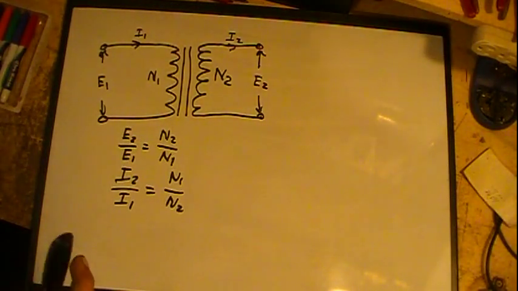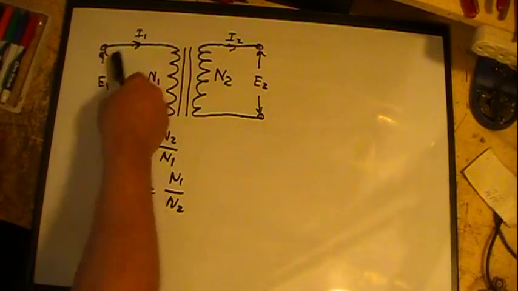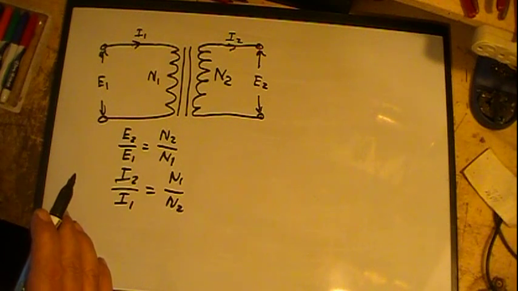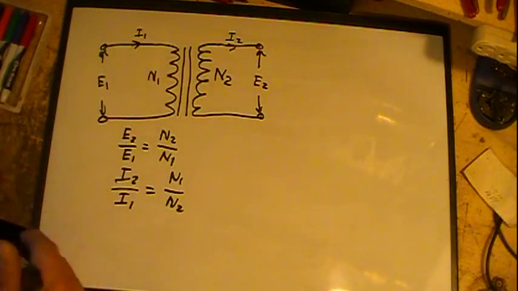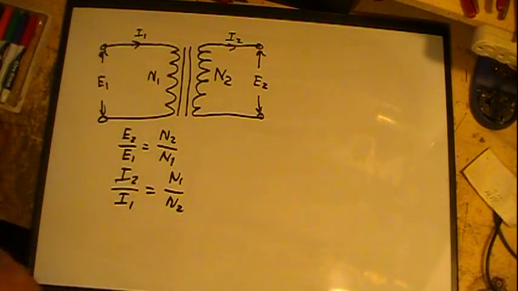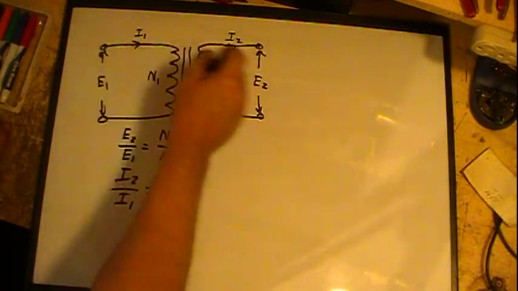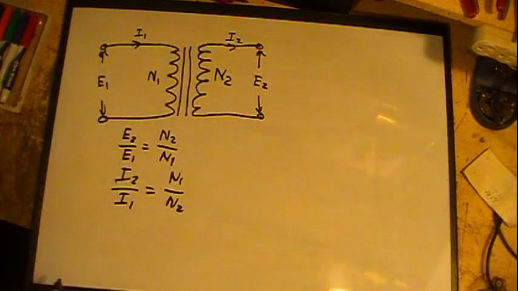And there's a reason for that. The reason is, if I look at power, the amount of energy that I'm putting in, wattage. Wattage is E times I equals power. These two, in an ideal transformer with no losses, have to be equal.